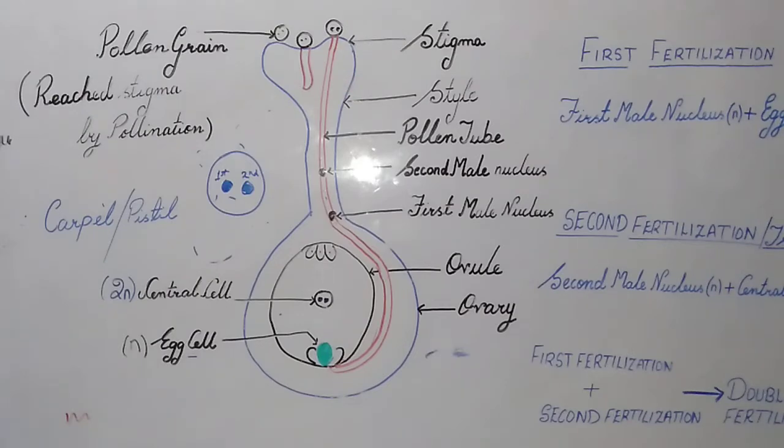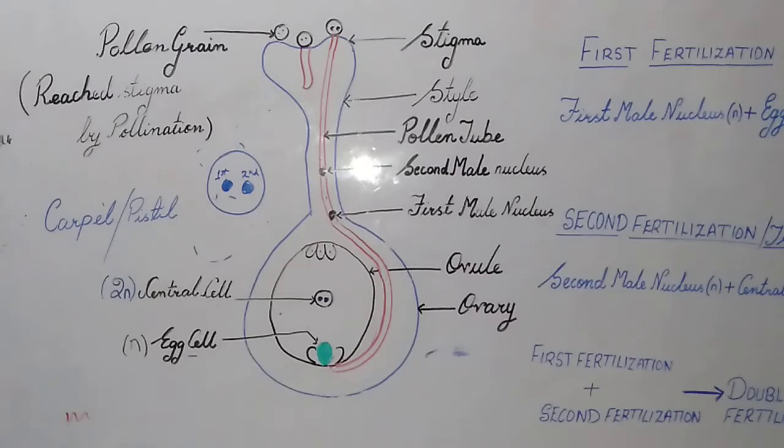Now this pollen tube grows and finally reaches inside the ovule. You can see it all in red. The pollen tube arises from the pollen grain, grows, and finally reaches inside the ovule.